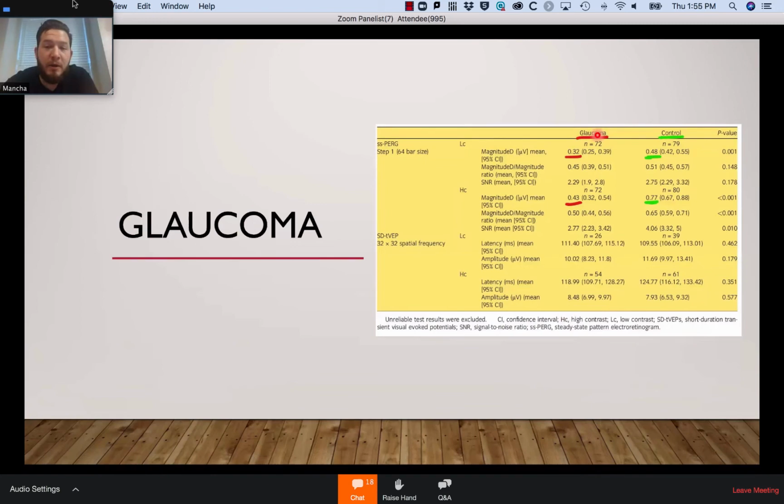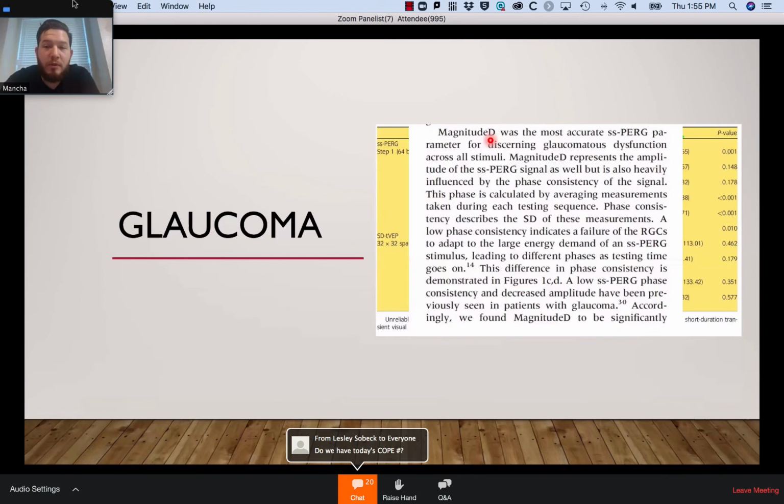But as far as the pattern ERG, the magnitude D did show statistically significant differences between the glaucomatous eyes and the control eyes. So again, what they concluded was that this magnitude D was the most accurate parameter for discerning this glaucomatous dysfunction versus the normal retinal response in both different groups.